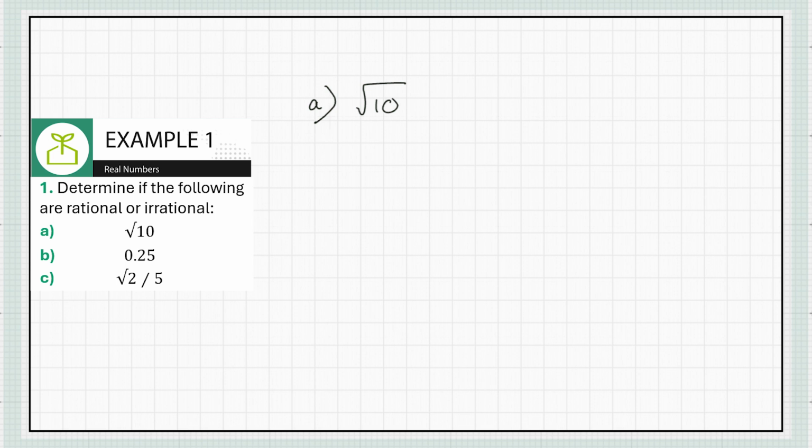Anything where we have a square root, if it's not a perfect square, that is if you perform the function and it does not result in a whole number, like root 16 resulting in 4, then what we have is an irrational number. So this is irrational.